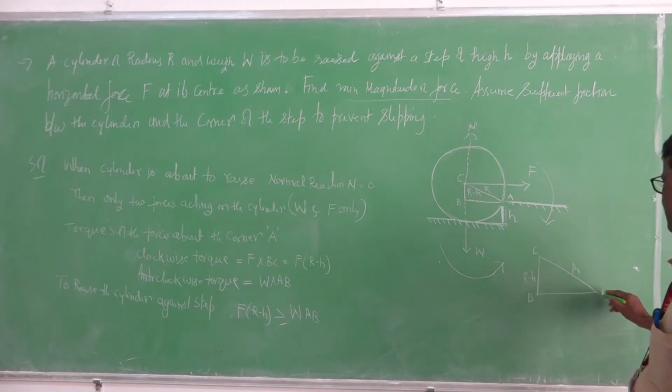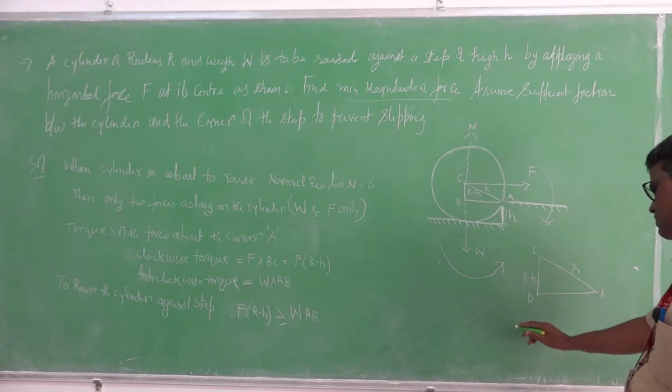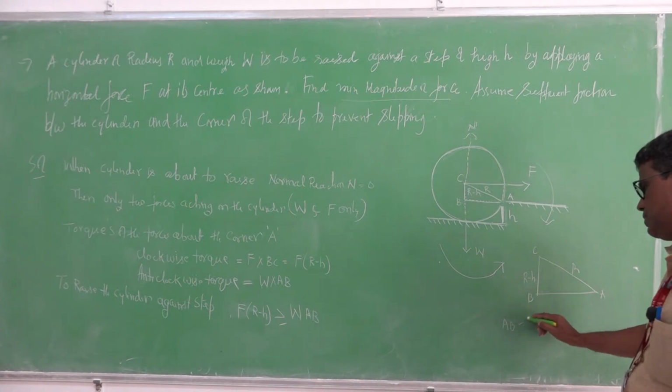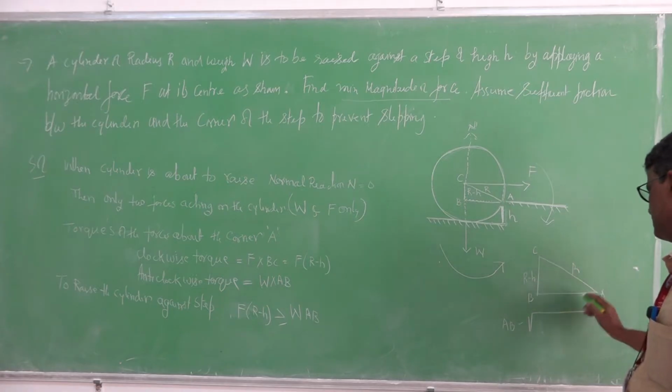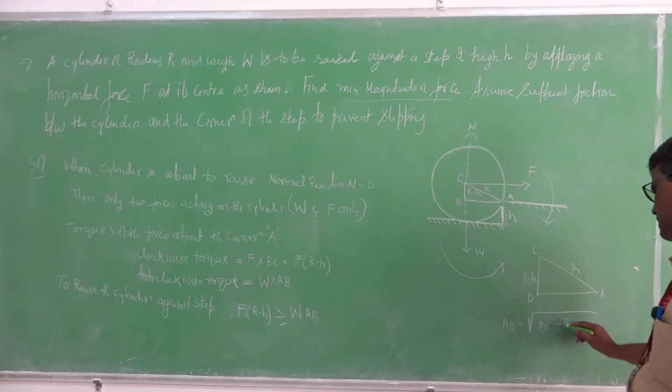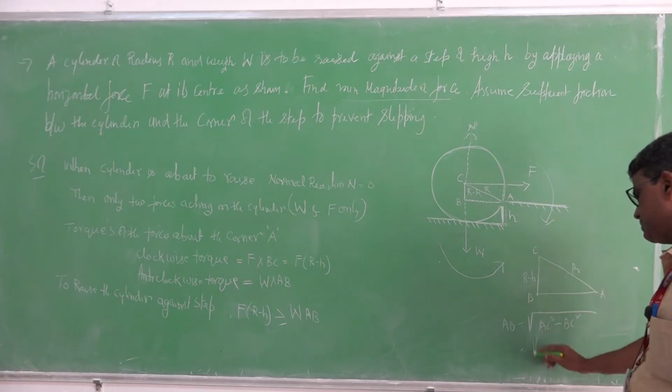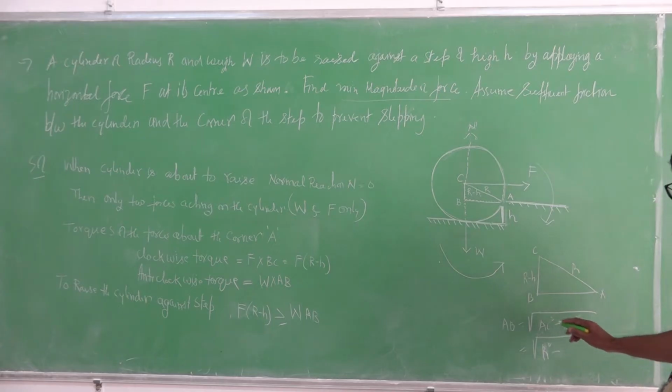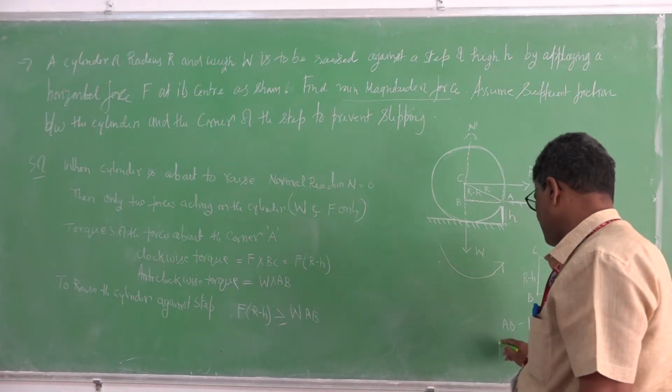By the Pythagoras theorem, AB equals the square root of AC squared minus BC squared. AC squared is r squared, and BC squared is (r minus h) whole squared. So this is AB.